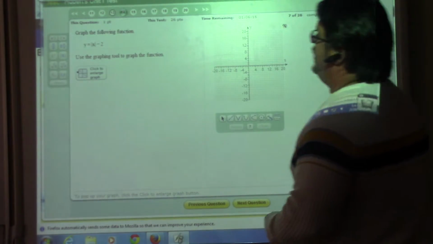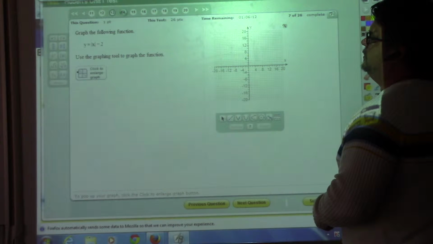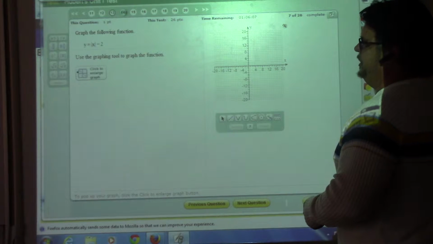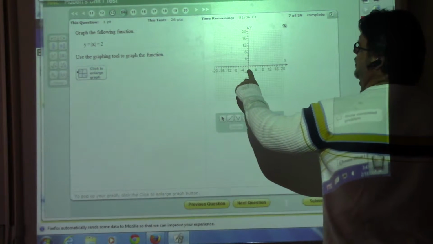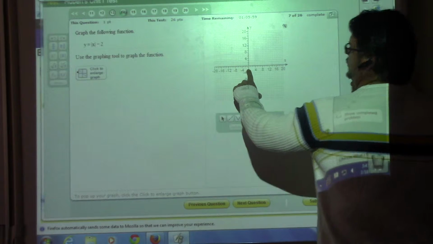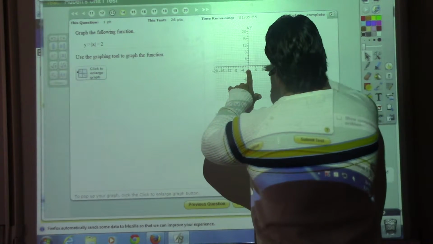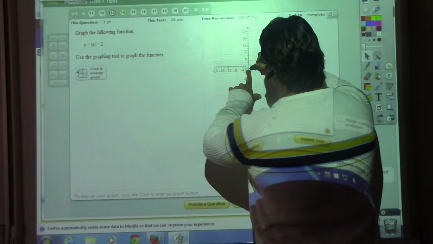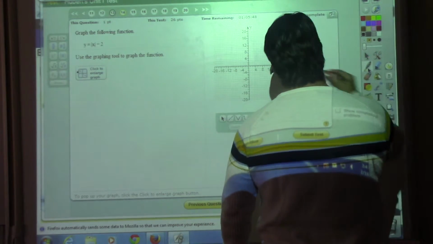I got this. Graph the following. Well, how would you graph that? Big old V, so with that, it's a vertical shift down, so it'd start right there at -2, and it'd go. Now, you need to graph it with the utility on here, but I'm just showing you how to do it.